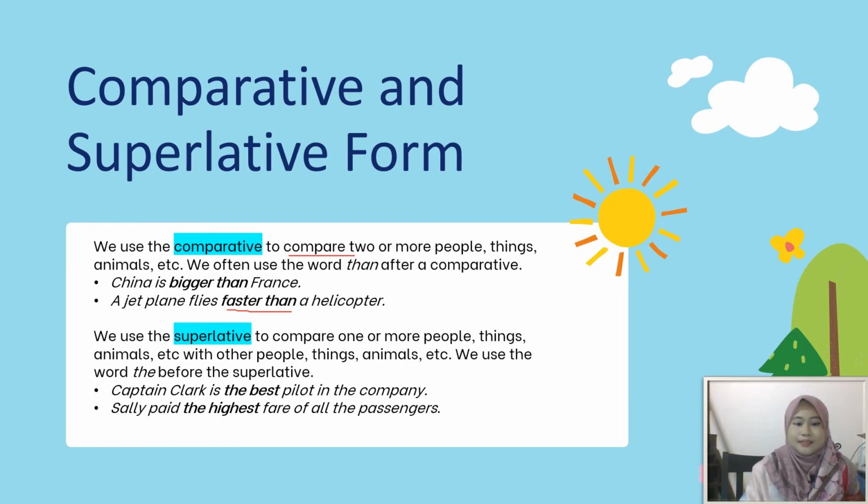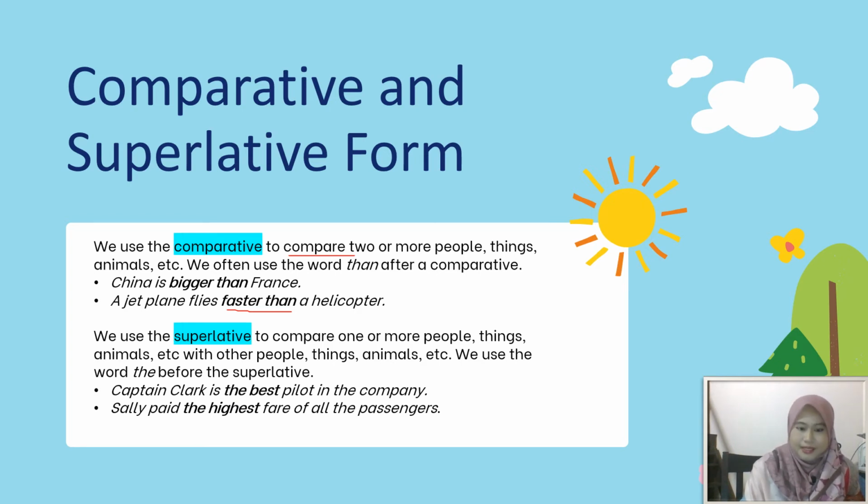Let's look at the example given here. Captain Clark is the best pilot of the company. So he is the best. Okay, good, better, best. So best means paling atau terbaik. So best pilot in the company. And next, Sally paid the highest fare of all the passengers.